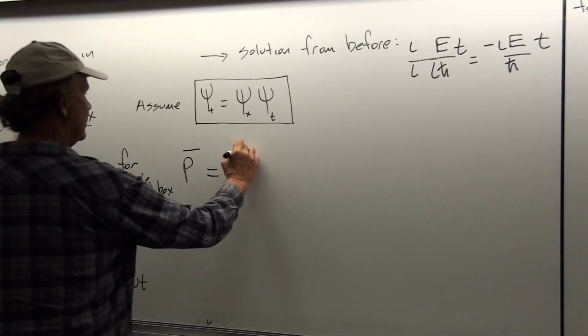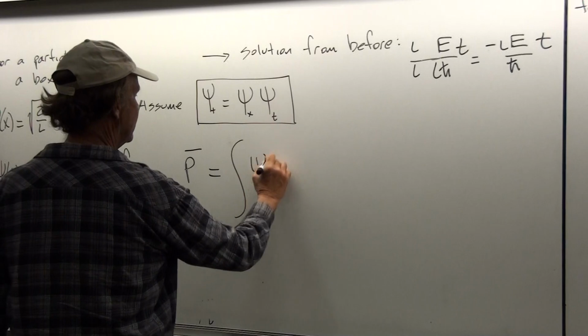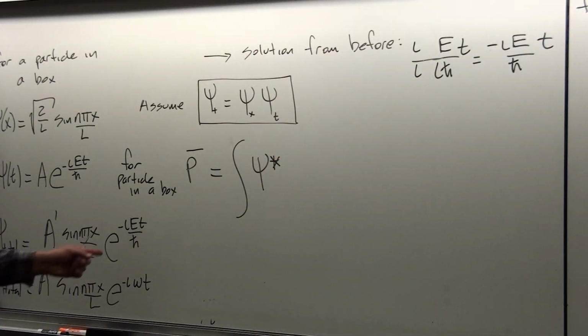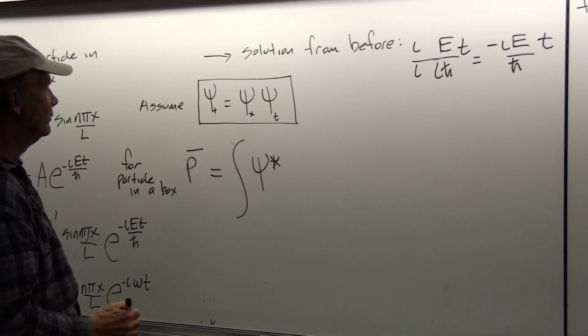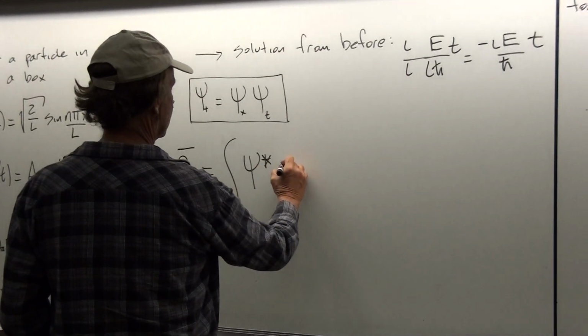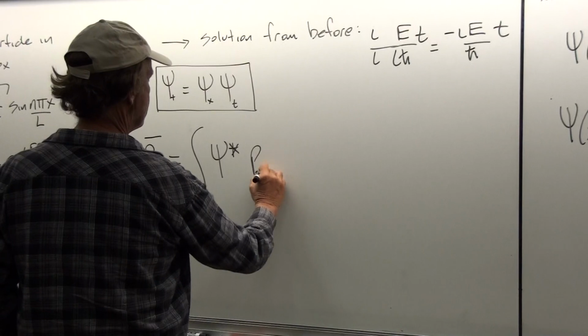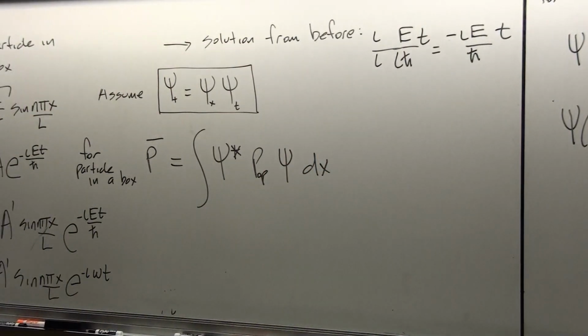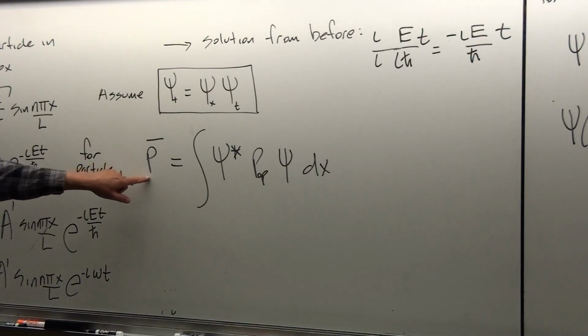P average then is going to be the integral of psi star. We've done this problem before, so check your notes on this if this doesn't look familiar to you. Times P op times psi dx. This is for a particle in a box. This is the average momentum of an electron in the particle in a box.